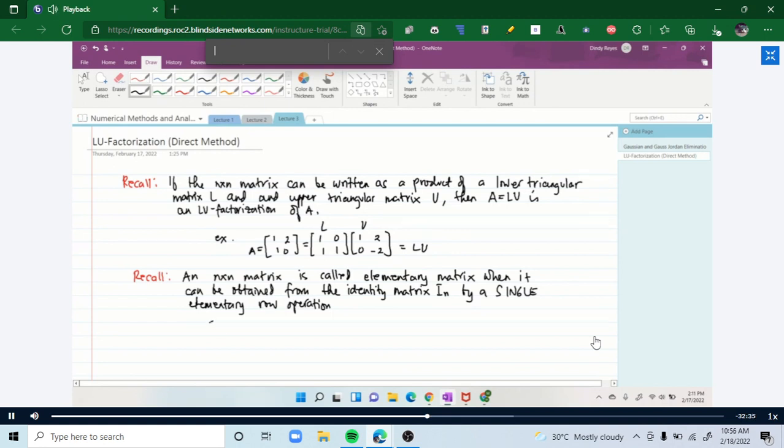Let's say for example, you have a 2 by 2 identity matrix with entries 1, 0, 0, 1. If you perform one elementary row operation, let's say you multiply R1 by 2, you obtain 2, 0, 0, 1. This is an elementary matrix.